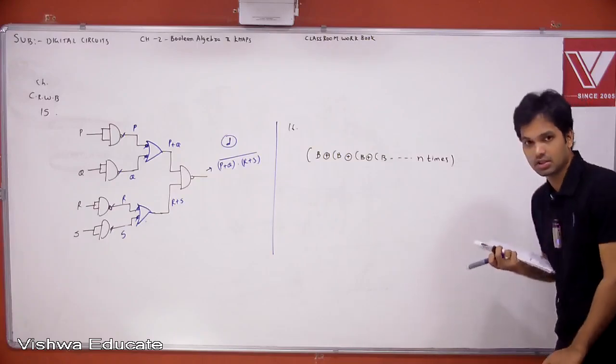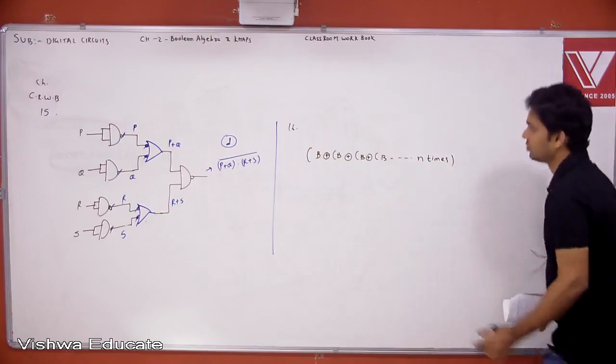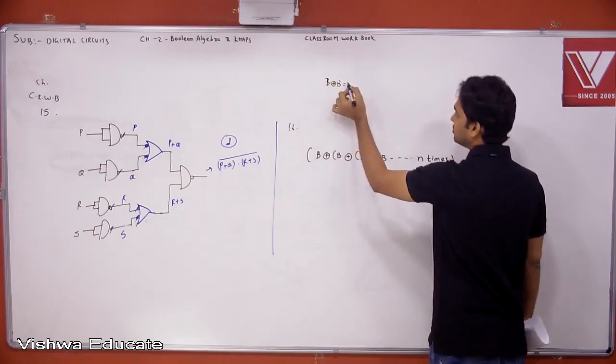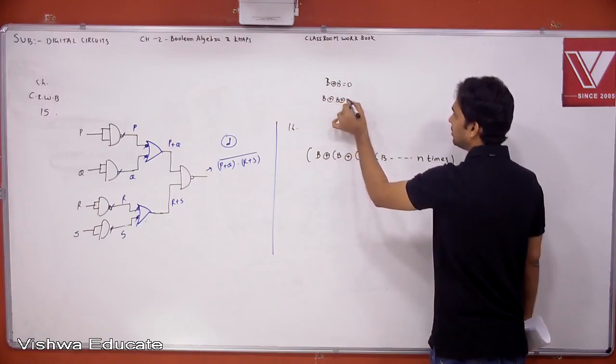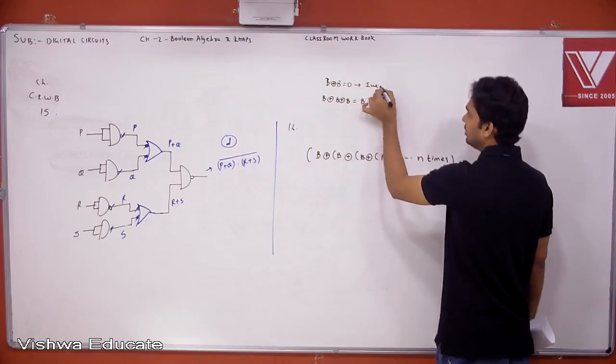Copy the question number 16, read it after copying that. Right. We know B XOR B equal to 0, or B XOR B XOR B equal to B. This is for odd number, this is for even number of B's.